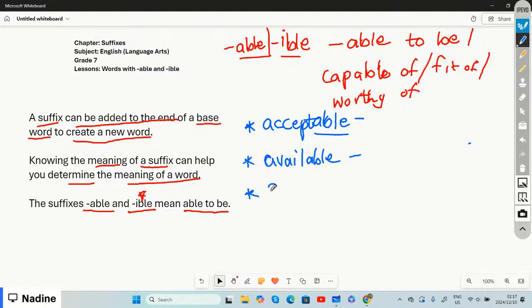We have capable, or we have remarkable. So far, this is a few of our words.